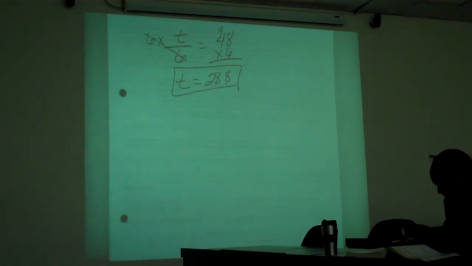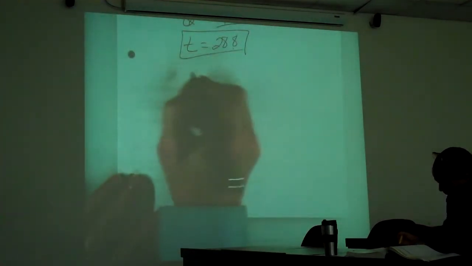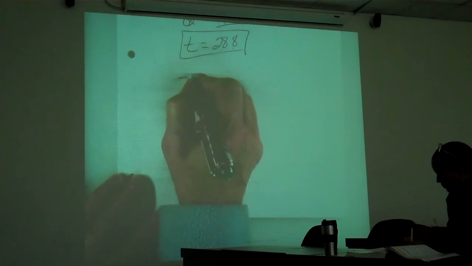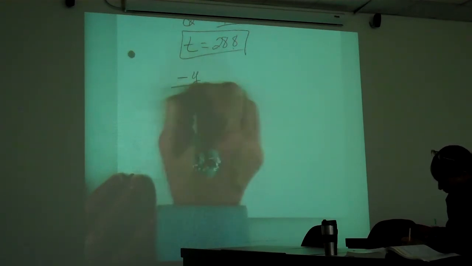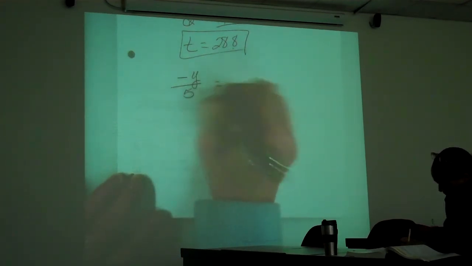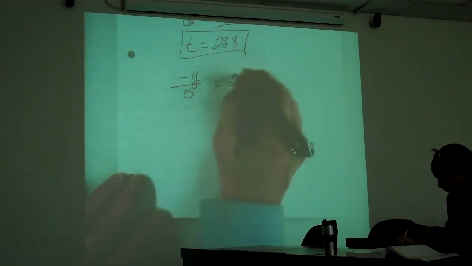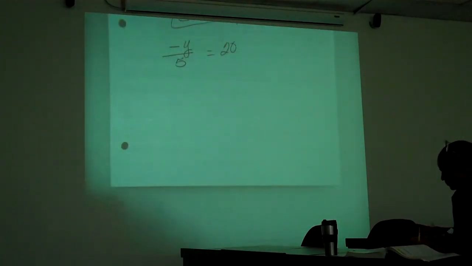Let's do it where it has a negative also. Let's say negative y over 5 equals 20. And it's not 4 or negative 4, okay? It's not multiplication here. This one you can do in 1 step or 2 steps.